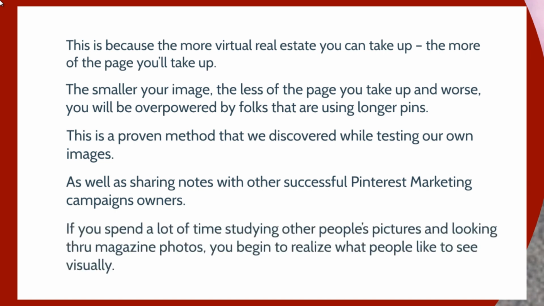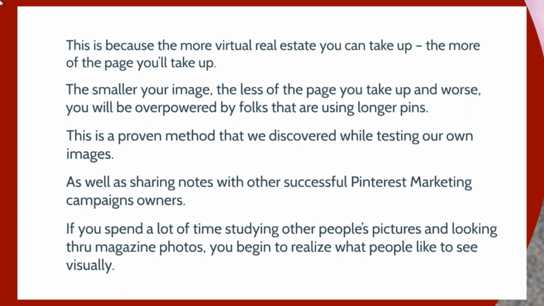So if you spend a lot of time studying other people's pictures and looking through magazine photos, so if you take a magazine from a bookstore and you look through that, you begin to realize what people really want to see visually in your niche. That's why I showed you the method earlier where we looked at the magazines and then we kind of reverse engineered it by going to the website and took a look at that.